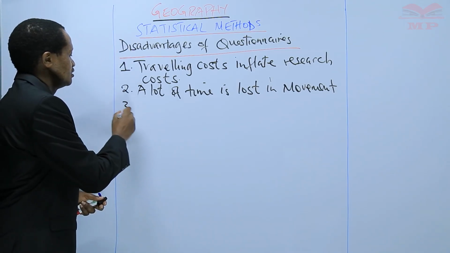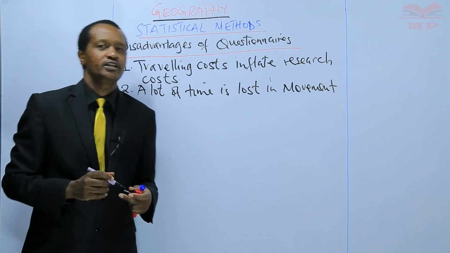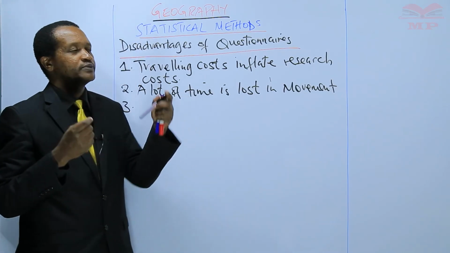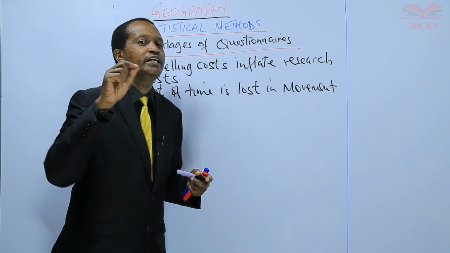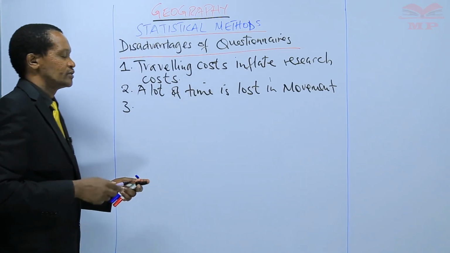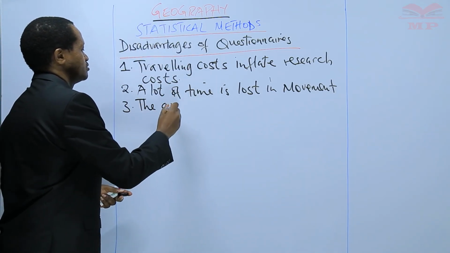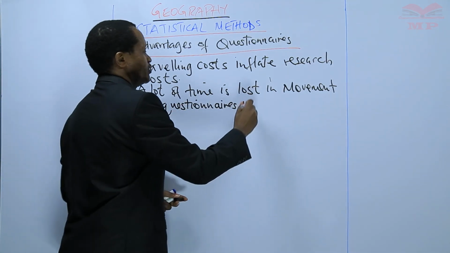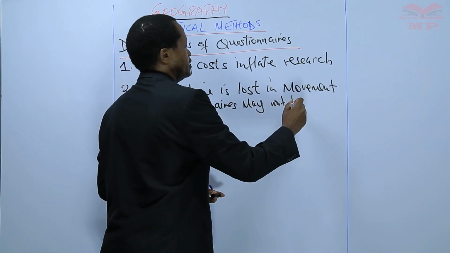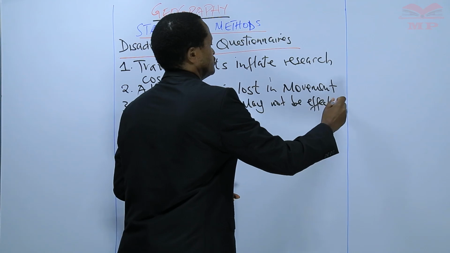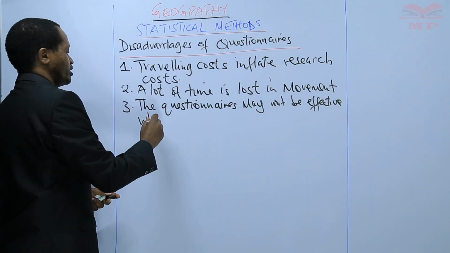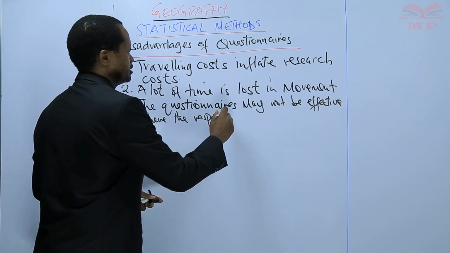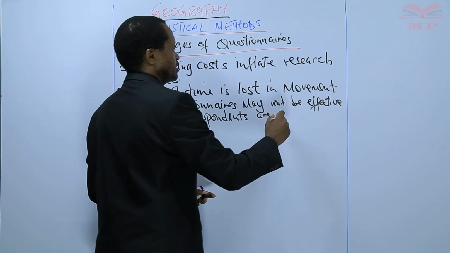Then number three, the third disadvantage is that the questionnaires may not be effective where the respondents are illiterate.